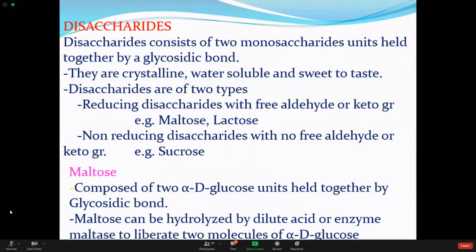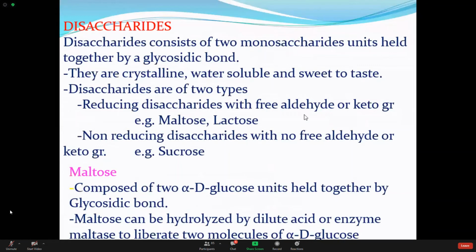Okay, now come to the second variety of sugar. I'm talking about disaccharides. So what is a disaccharide? It consists of two monosaccharides. Am I clear? Two monosaccharides join together by a linkage, a bond called a glycosidic bond, and you get a disaccharide. It is crystalline, water soluble, and sweet.